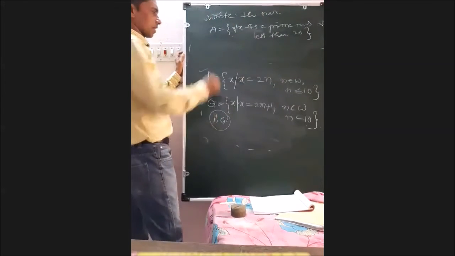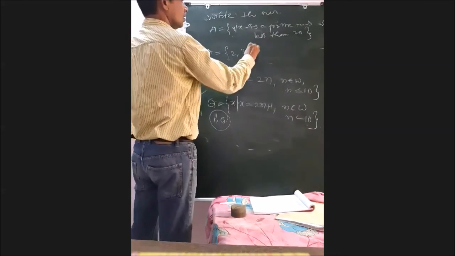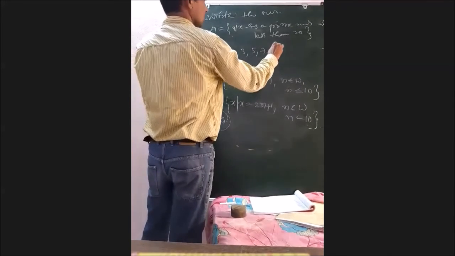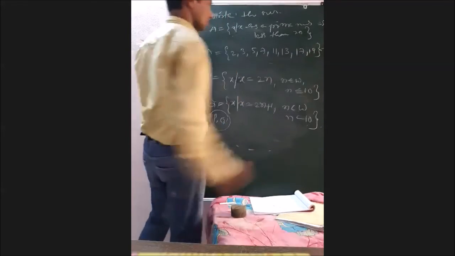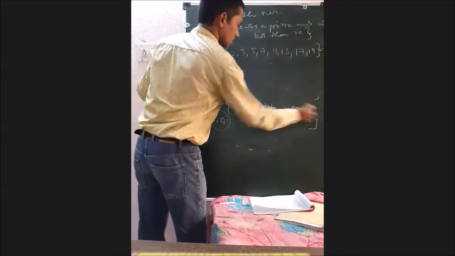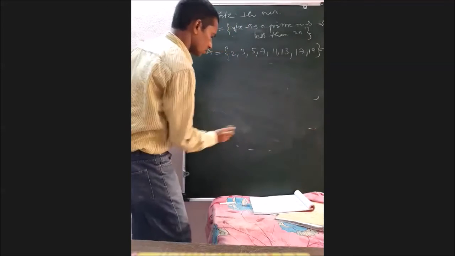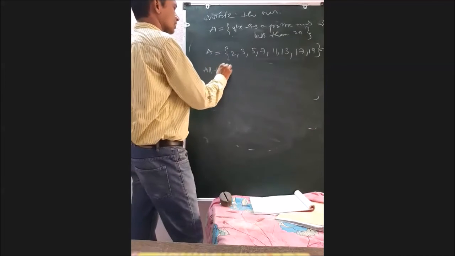Now tell me, what are the prime numbers? A is equal to 2, 3, 5, 7, 11, 13, 17 and 19. So how many elements are there? Just count. Then what he asked: write all the subsets of the set.